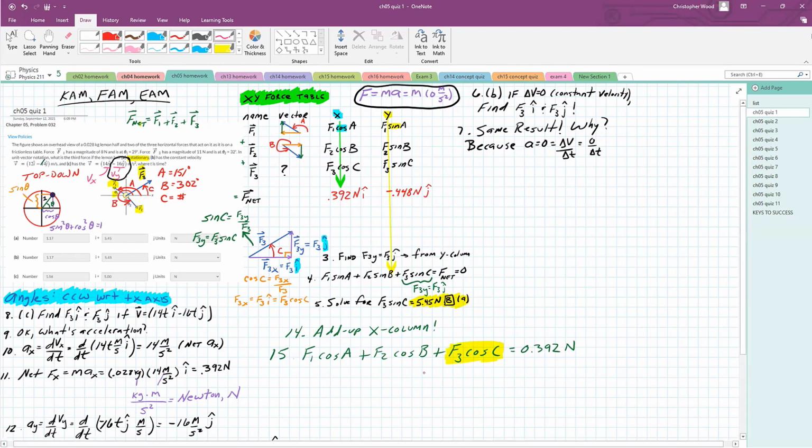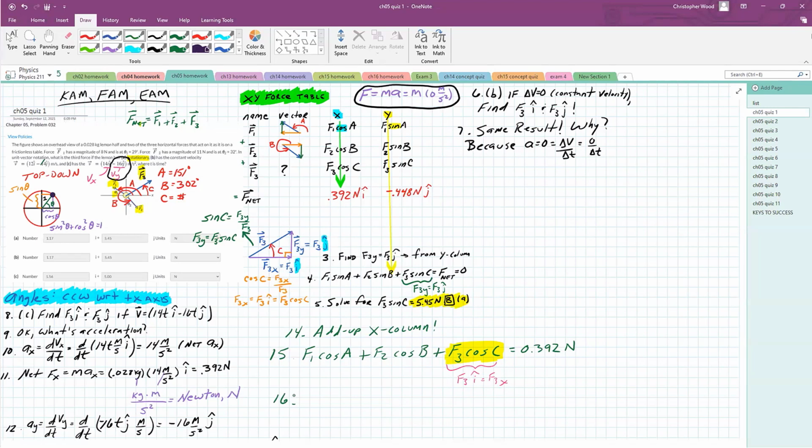I'm just going to make sure this equals F3 I hat, also known as F3 X. So let's get an answer right now for F3 I hat, because it's staring right at us in step 16. 0.392 minus F1, which is 8 times cosine of 151, minus F2, which is 11 times cosine of angle B, which is 302. And I guess that's it.